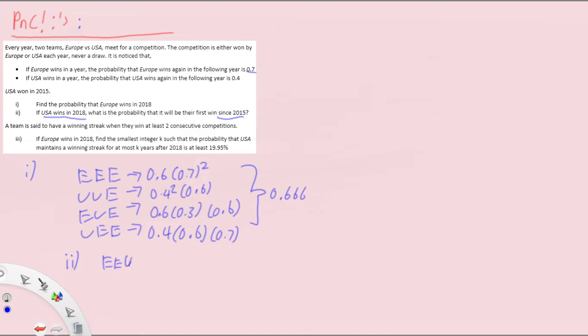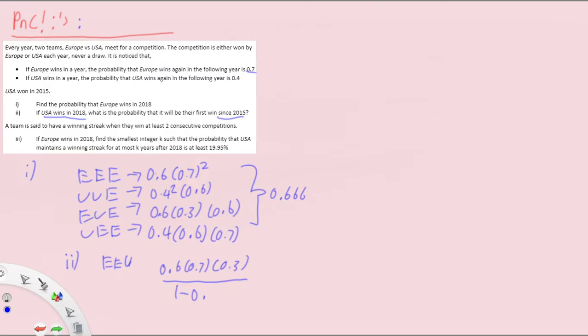That would be 0.6, 0.7, 0.3, not forgetting that USA won in 2015. So that is the intersection. And now we need to find the probability that USA wins in 2018. There's a reason why it is part 1, because remember in part 1, we found the probability that Europe wins in 2018.